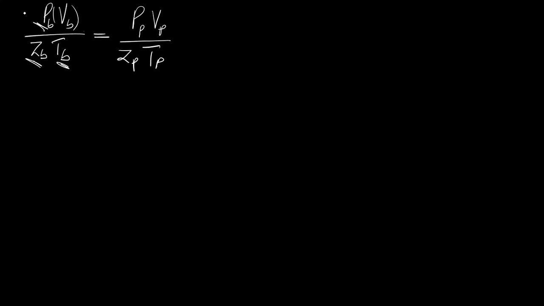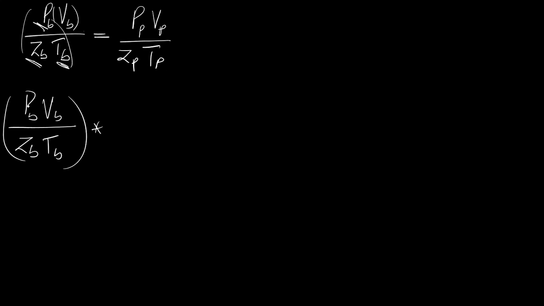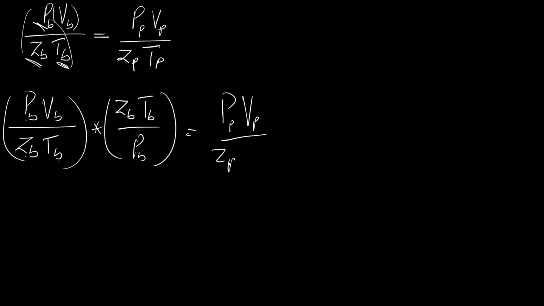The inverse of this will be ZB TB over PB, so when you multiply both sides by it, you have PP VP divided by ZP TP, times ZB TB divided by PB.